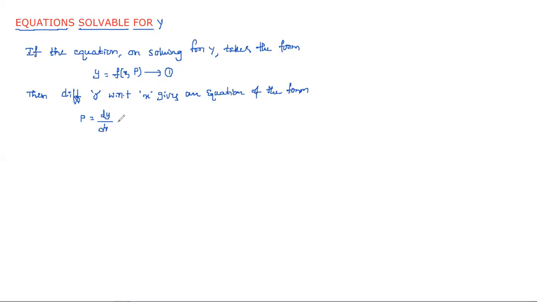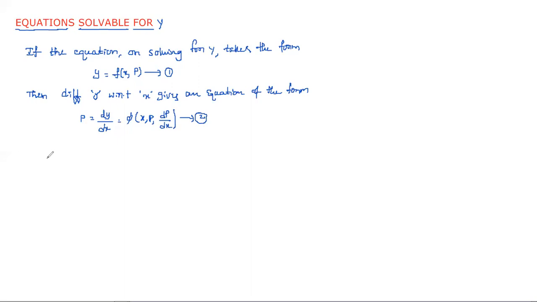After applying the derivative, we get some equation, which we represent as phi of x, p, dp by dx. It means we get an equation consisting of x terms, p terms, and the derivative dp by dx.